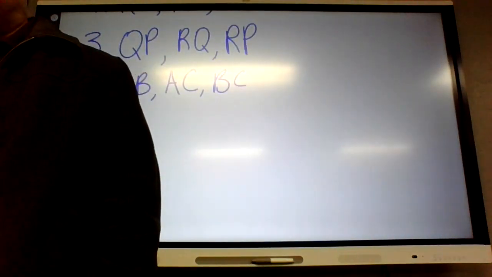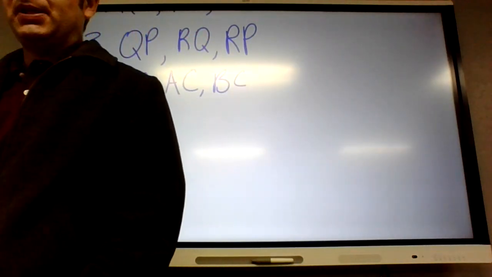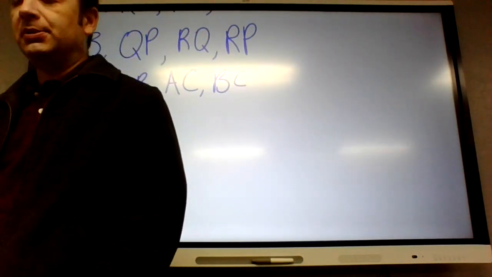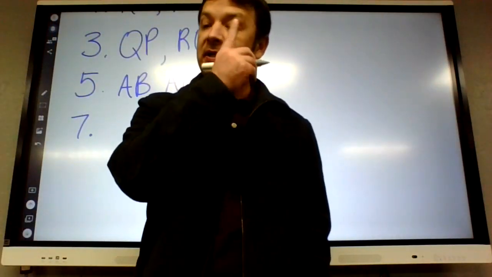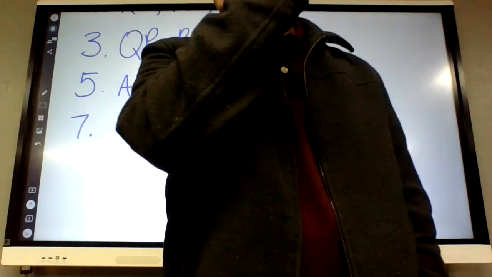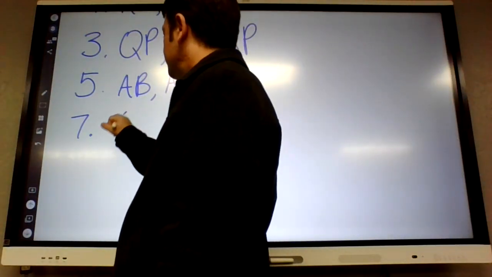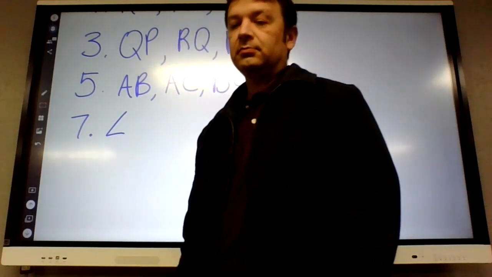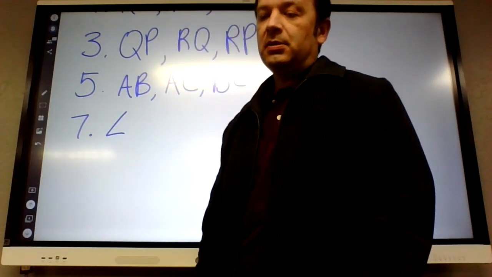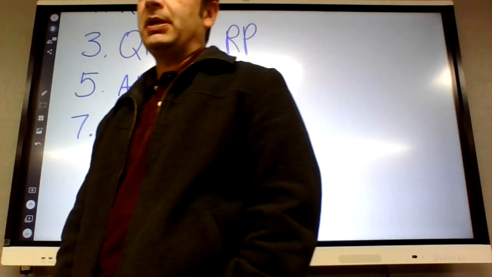Number 7. So 7 is the same thing but backwards. In other words, they give us the sides and we have to say the angles from smallest to largest. So the smallest side is GH, 14 in length. So the smallest angle is what? Number 7, GH is the smallest side.